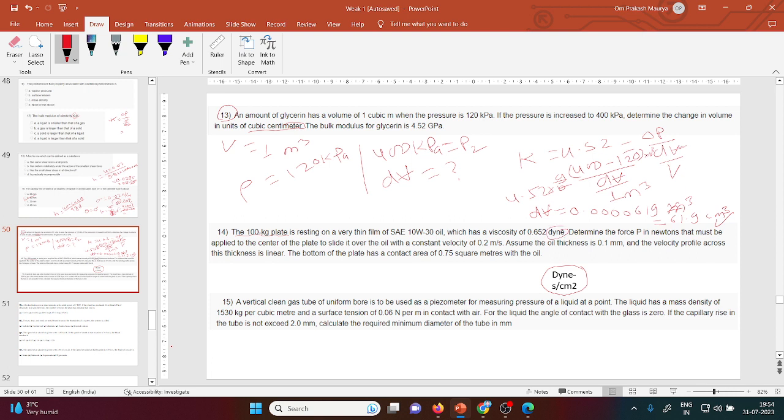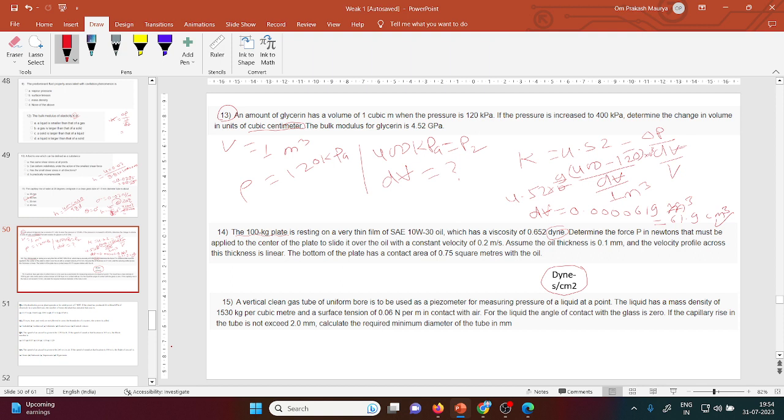Determine the force P in Newton that must be applied to the center of the plate to slide it over the oil with a constant velocity of 0.2 meter per second, assuming the oil thickness is 0.1 mm and the velocity profile across the thickness is linear. The bottom of the plate has a contact area of 0.75 square meter with the oil.